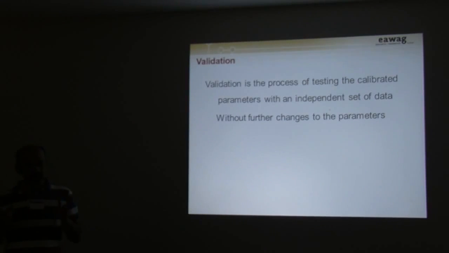So you need to always save part of your data to validate the model. And then once you calibrate it, without any further adjustment to the parameters, you just run your model and see how it behaves during the validation period. So validation uses an independent data set from what you use for calibration.